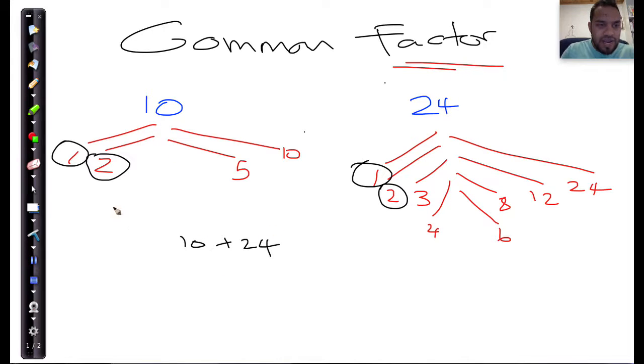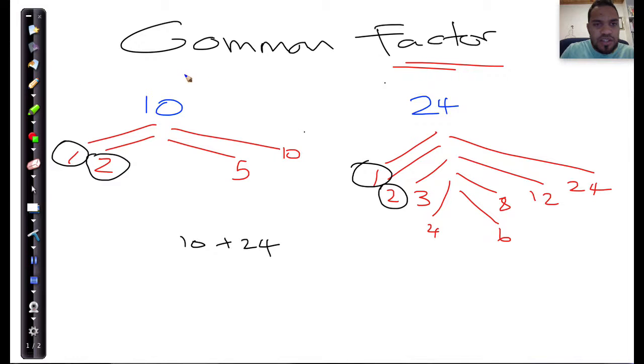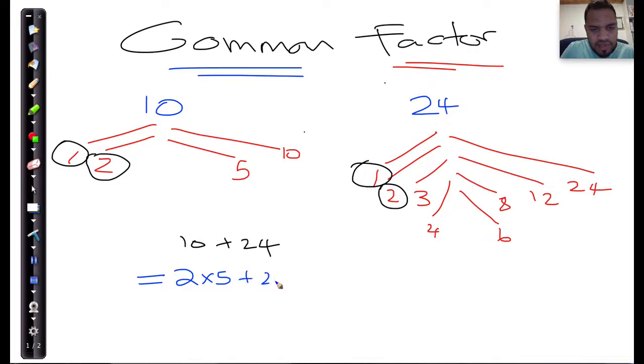So let's factorize it according to the common factor. The highest common factor is 2. I'm going to try and turn each of these numbers into 2 multiplied by something: 2 multiplied by 5 plus 2 multiplied by 12.